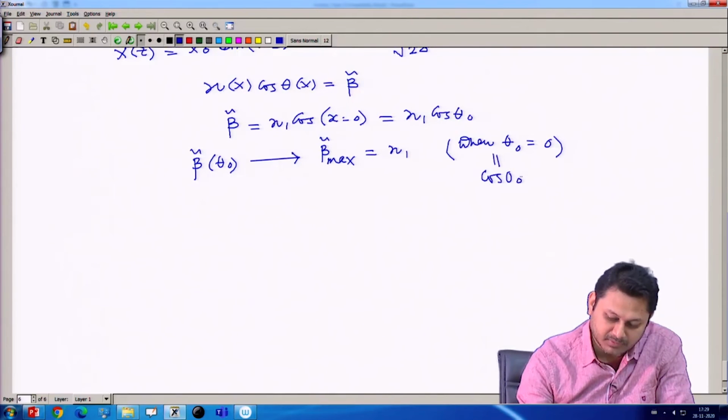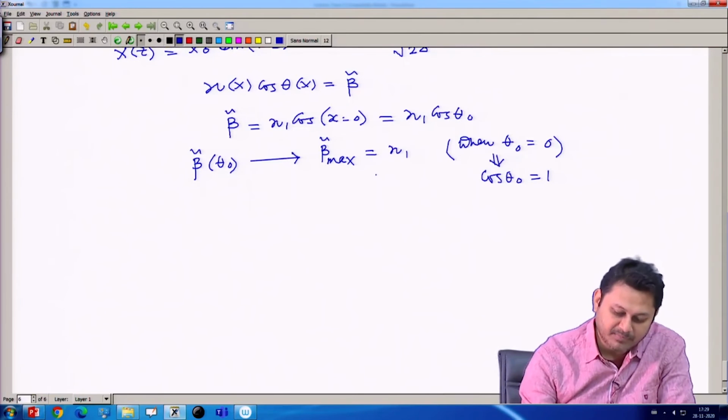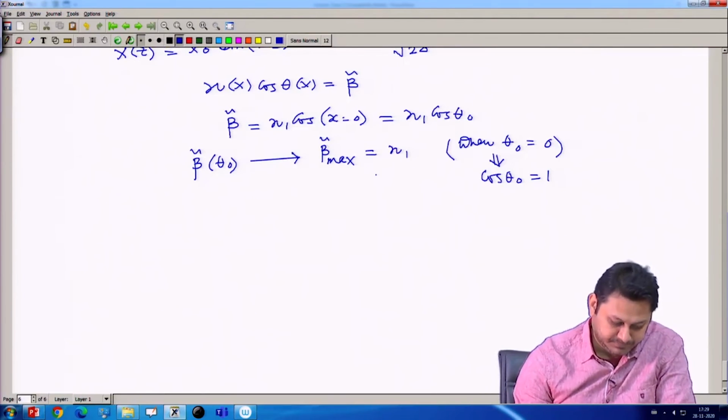So, cos theta becomes 1, and I have beta max equal to n1.